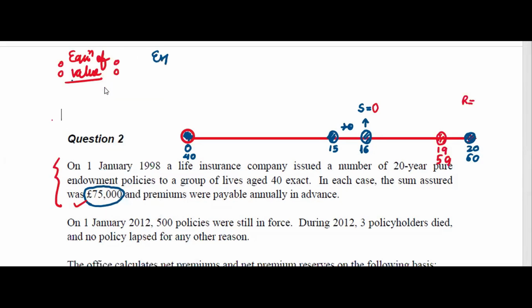EPB of income. Then you need to write EPB of income here. It's very simple, right? 40.